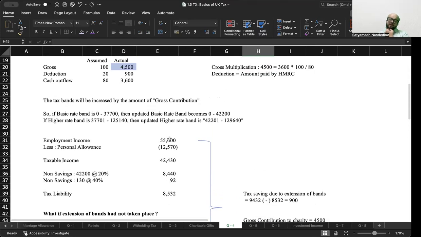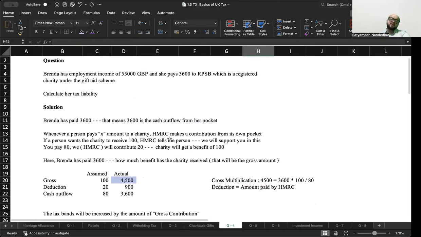So whenever you are doing these calculations, just make sure that you remember the concept of extension of bands. So how does it work? There are two benefits that the person will get. One, the person will get benefit at source. So if the total amount is 3600 that she has paid, that means the charity has gotten a benefit of 4500 because HMRC has contributed 900 out of its pocket.